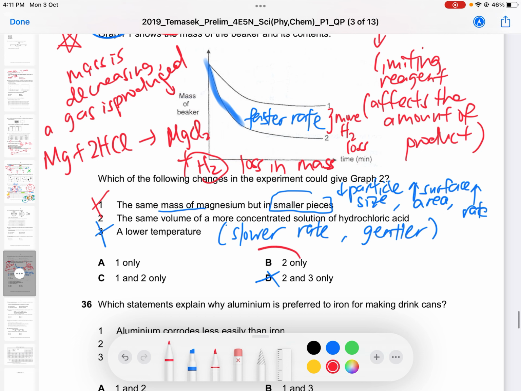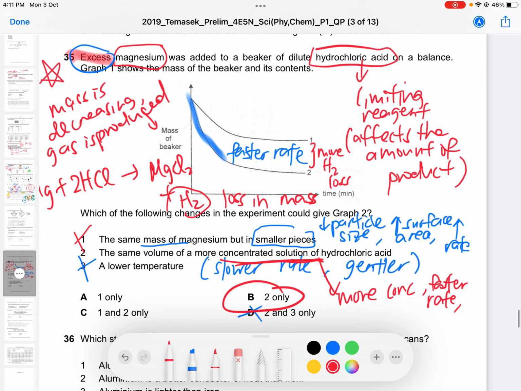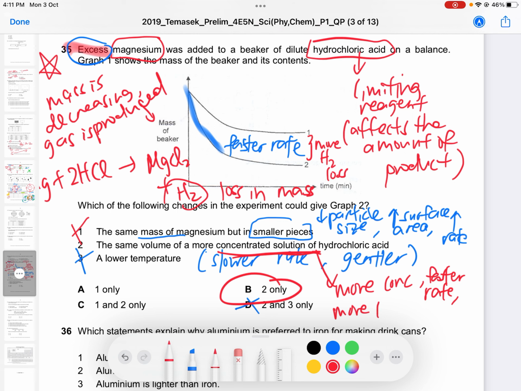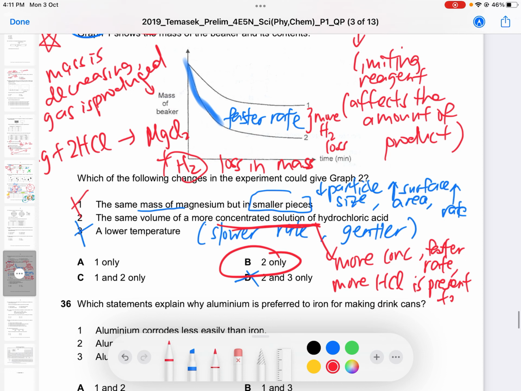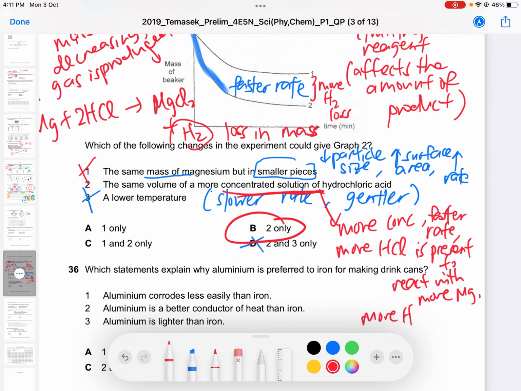So the only answer that we can accept is 2, because more concentrated, faster rate, and not just that, because this one is the limiting. So more HCl is present to react with more magnesium. So that's why more H2 is lost. So you can see that the mass of particle decreased by even more.